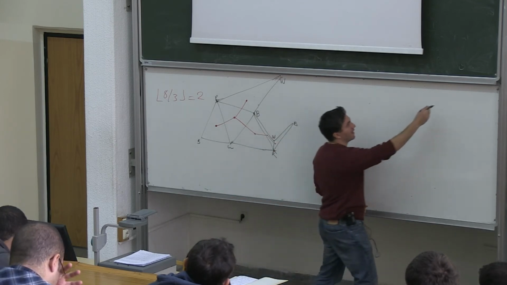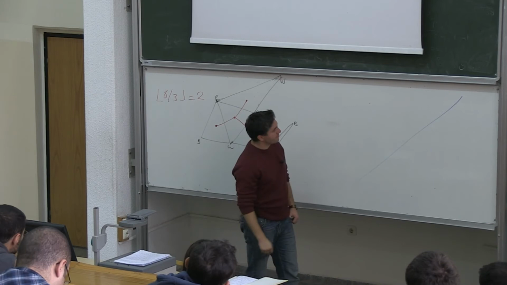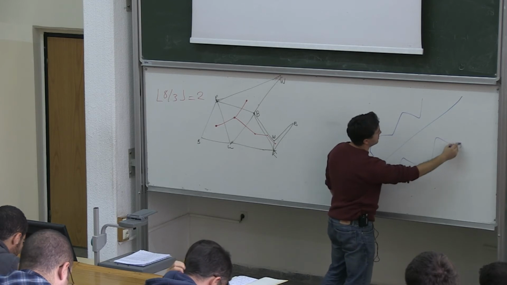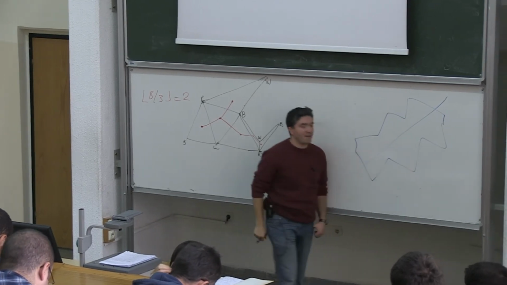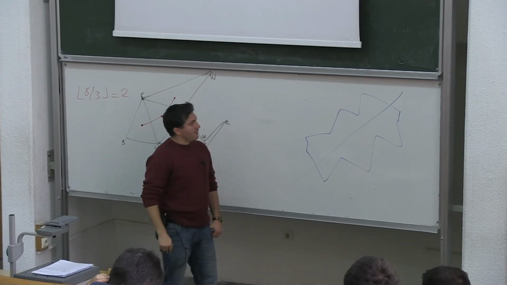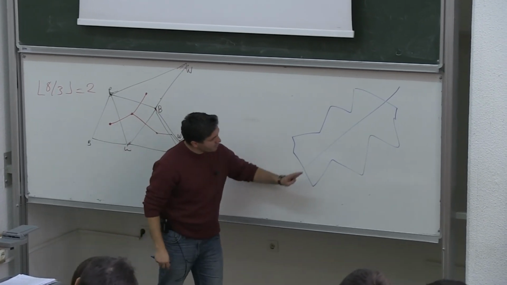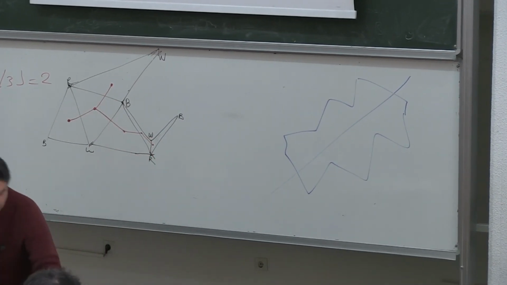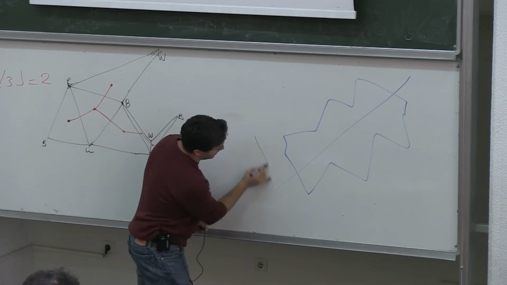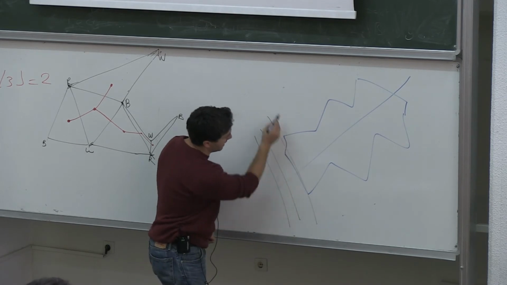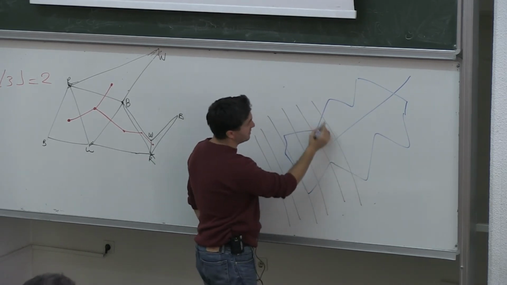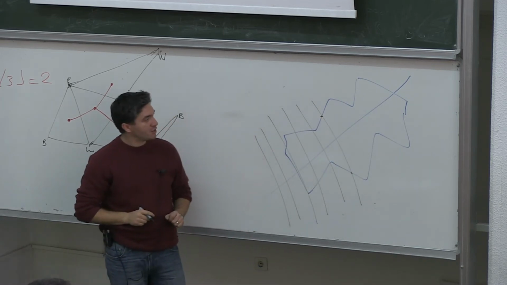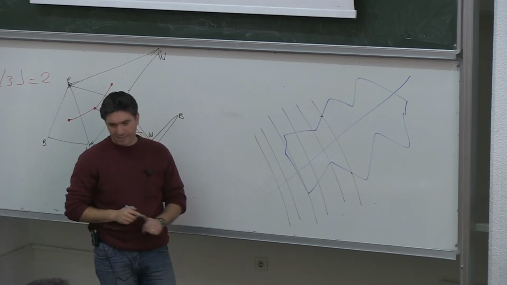For example, if I draw a line like this, I can have a concave polygon like this. This polygon is said to be monotone with respect to this line if any other line that is perpendicular to this line intersects the polygon in only one connected component. Okay? So, in other words, it's like this.